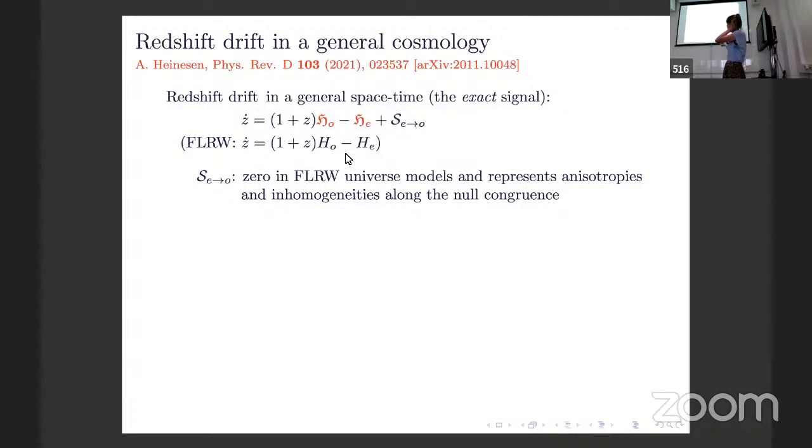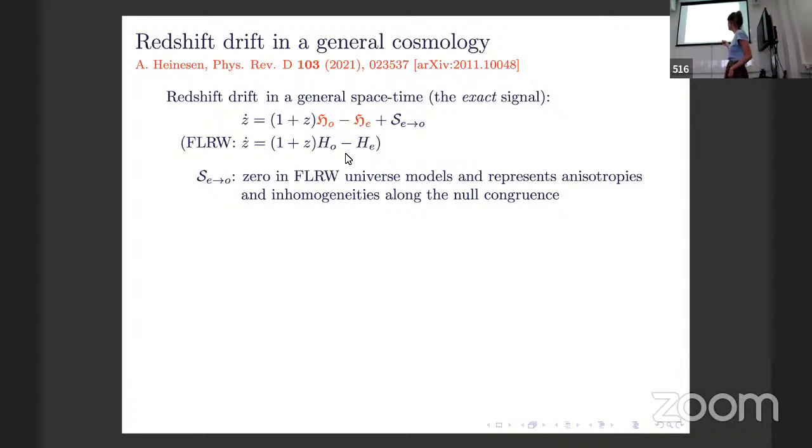Okay, I will also briefly talk about some similar analysis that we can do on the observations of redshift drift with the future surveys. As I mentioned, redshift drift is defined as the rate of change of redshift in time for individual astrophysical sources.